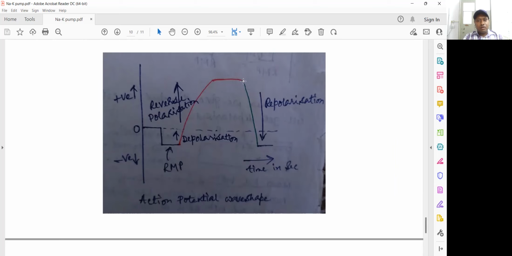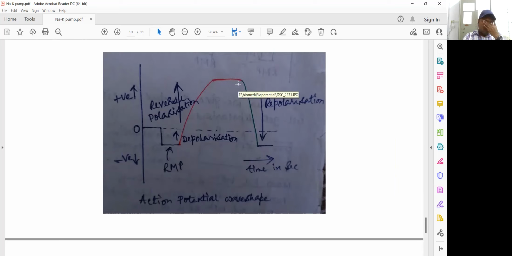But for the muscle cell, as the ion travel time is higher than the nerve cells, we will see this type of flat nature. That means the ion travel time will be much more, so the flat top will be achieved over there.